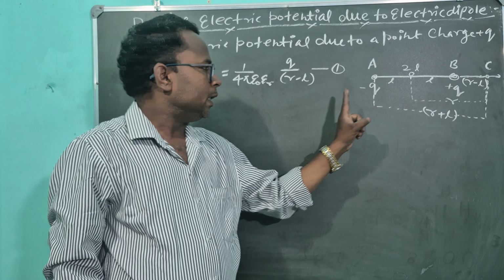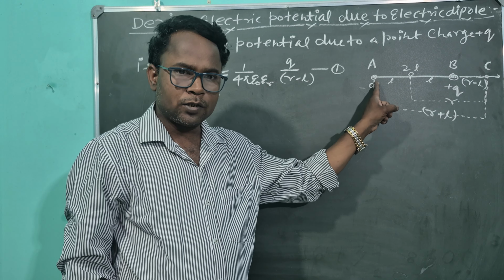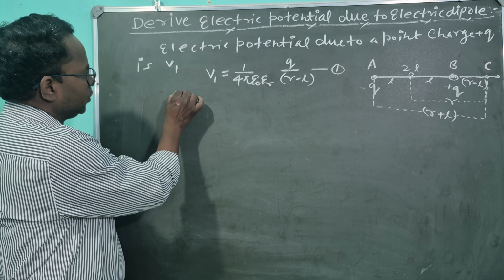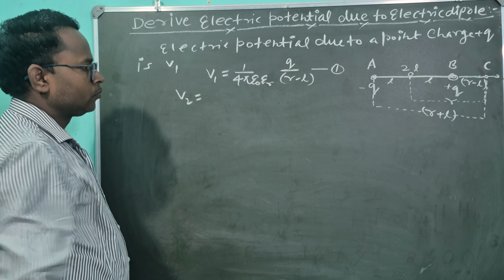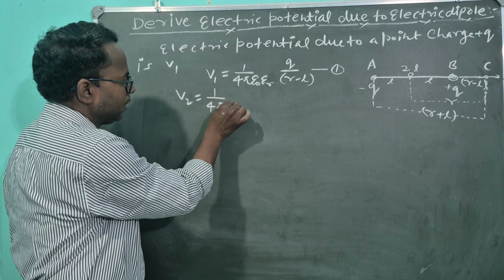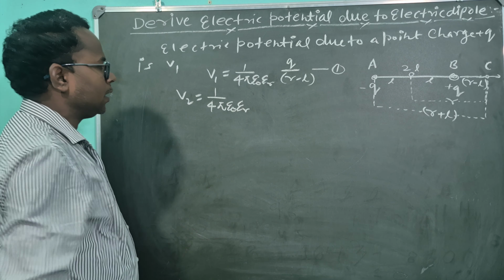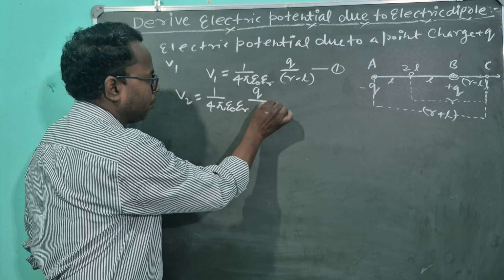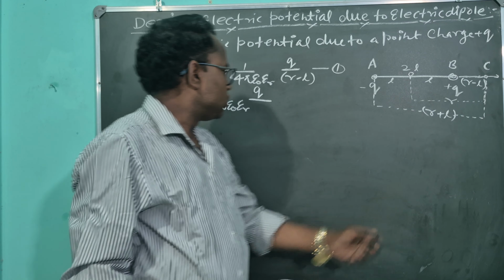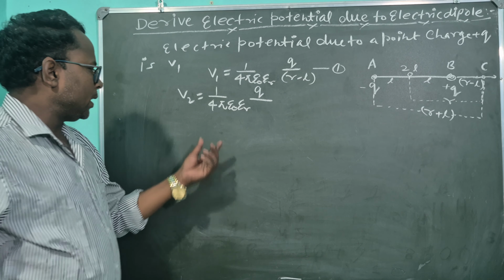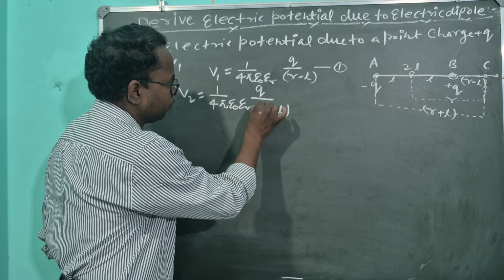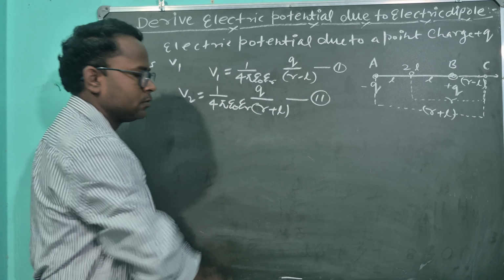Similarly, the electric potential due to the minus Q charge at point C is V2. Then V2 is equal to 1 upon 4 pi epsilon naught epsilon r, Q upon the distance between A and C, which is R plus L. This is equation number 2.